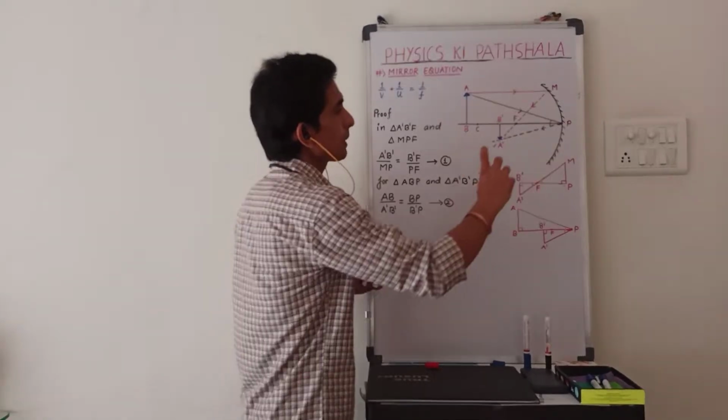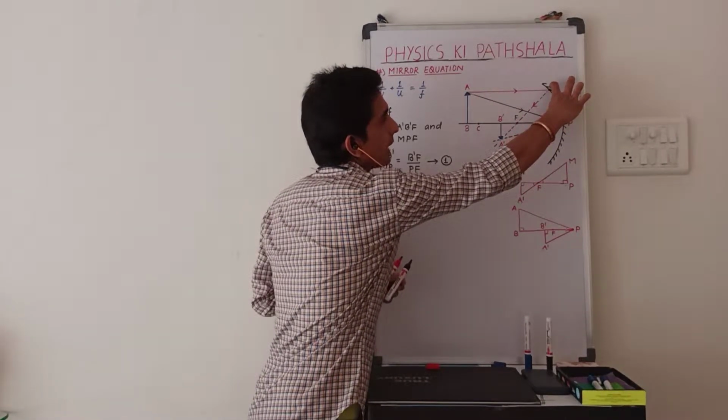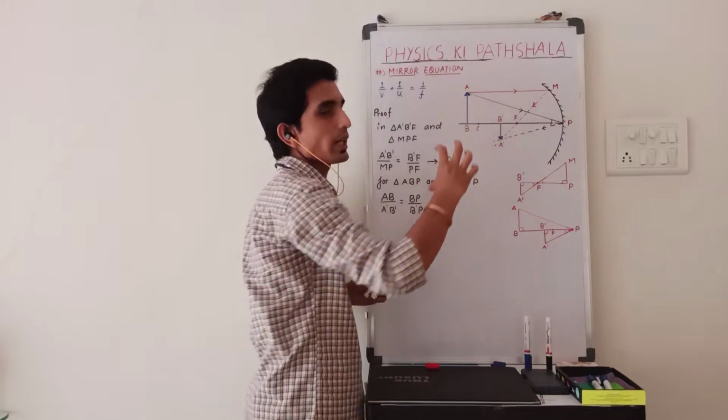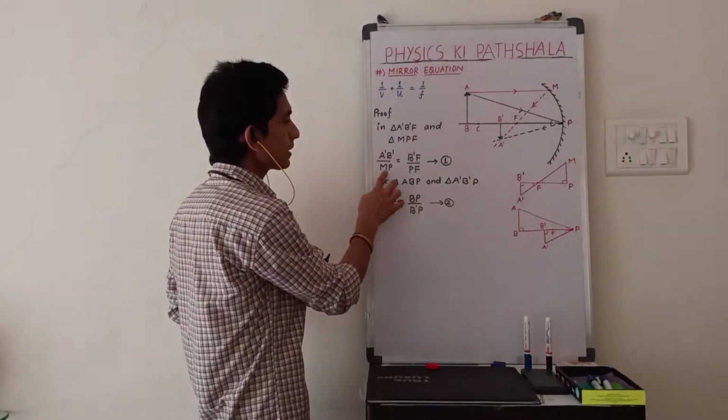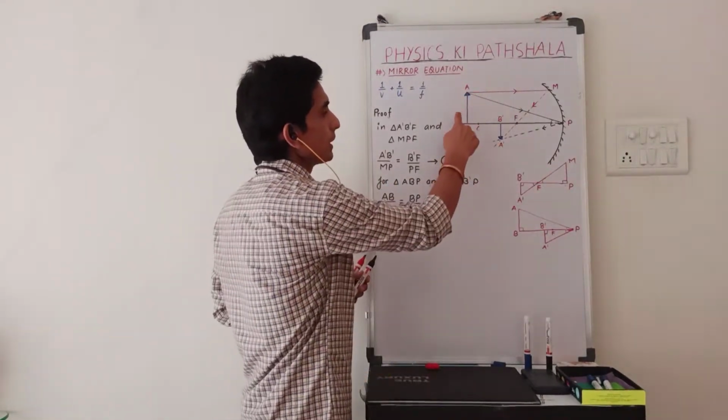Now look in the picture above. MP, this height, is equal to this height. So in place of MP, we can also write AB.